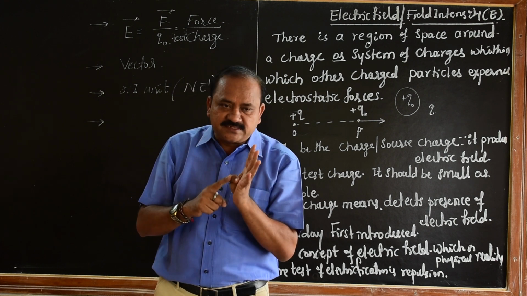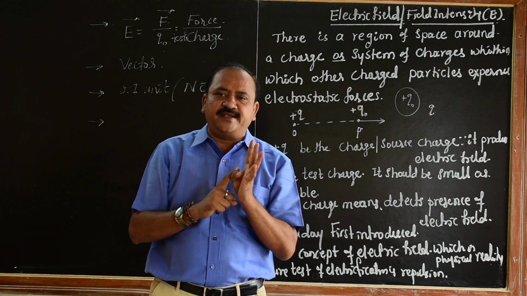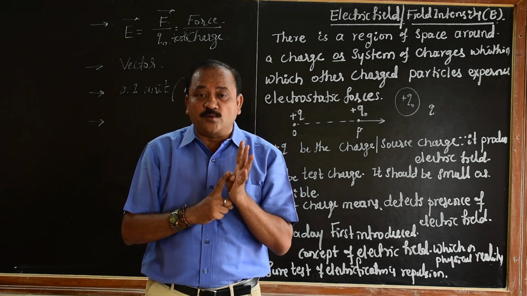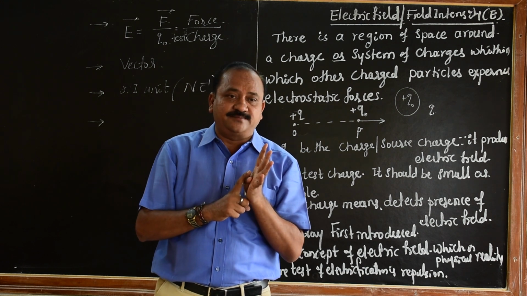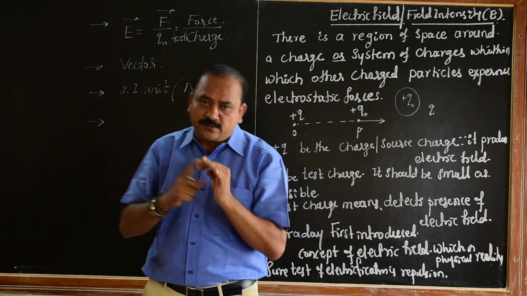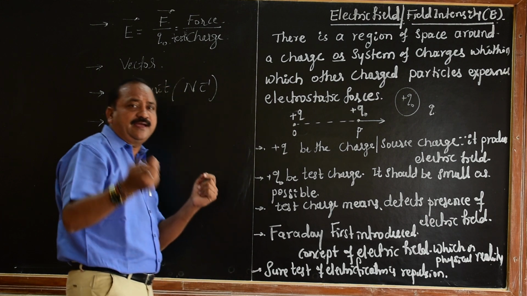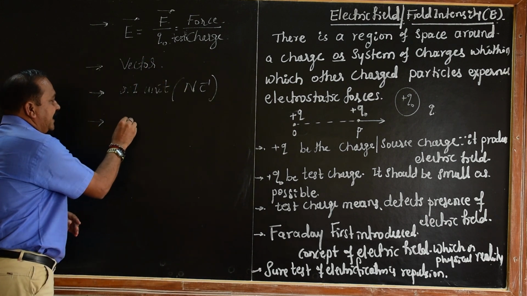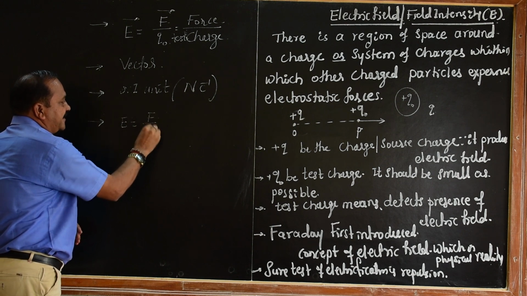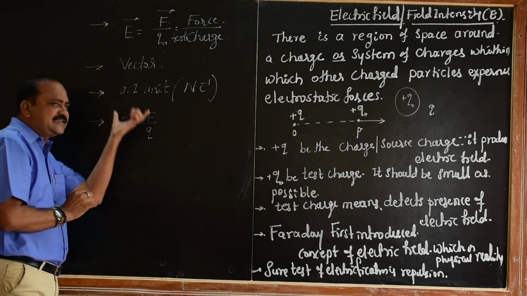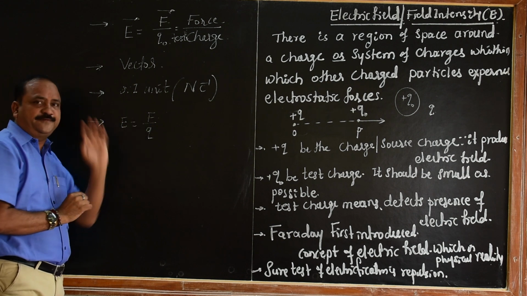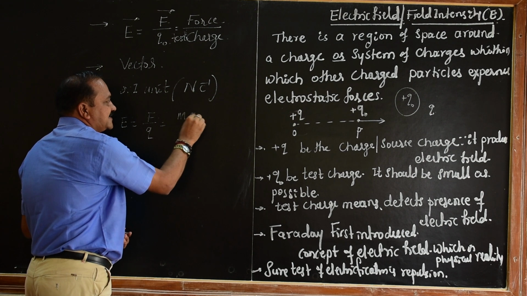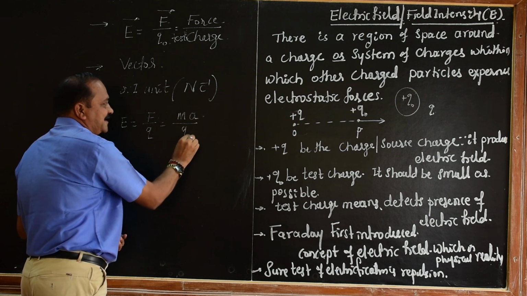To write the dimensional formula of any physical quantity, first understand the formula of the physical quantity, or better, know its definition or SI unit. Based on that, you can directly write the dimensional formula. Here, E equals F divided by Q, the formula of the electric field. Force is mass into acceleration, and this is the charge Q.